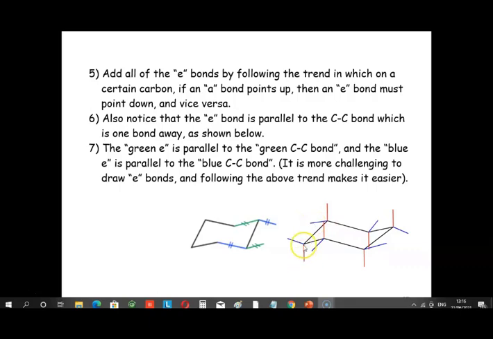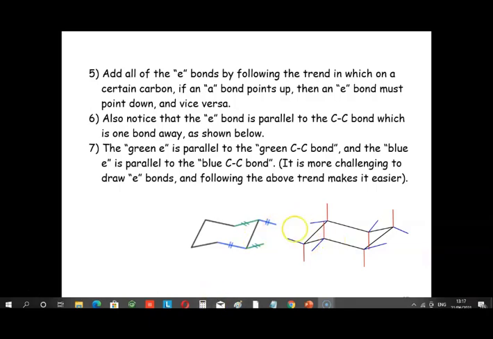Here it is pointing down, so the equatorial bond should point up. Now we have to notice one more fact: the equatorial bond is parallel to the carbon-carbon single bond which is one bond away, as we can see below.